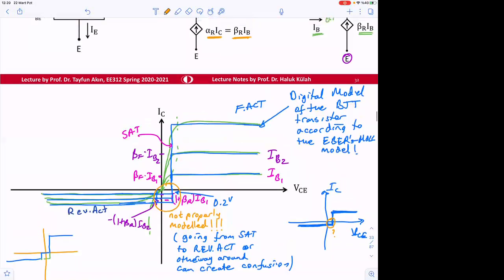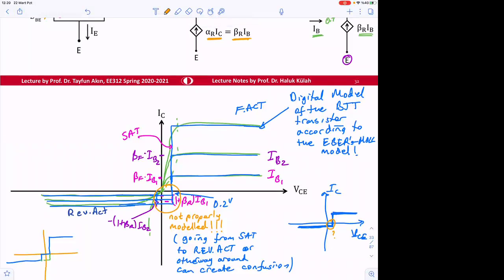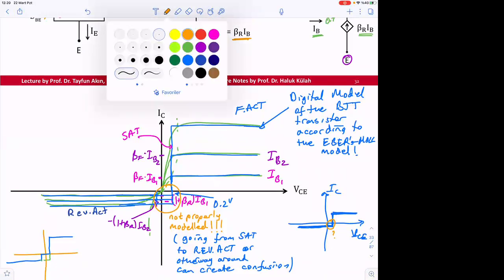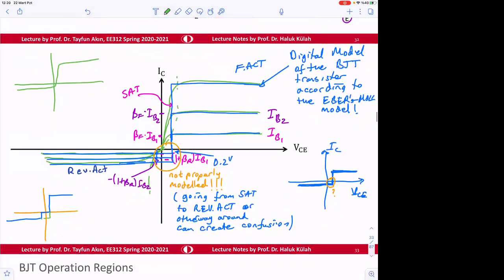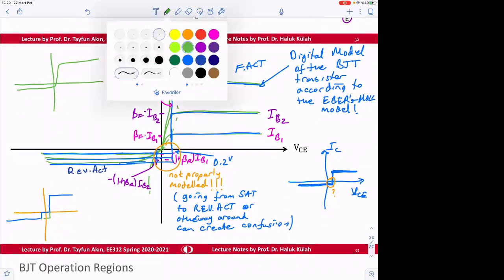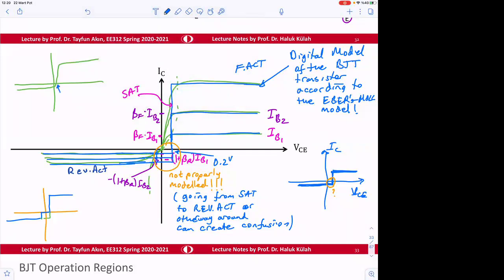Okay. So if we look at the real case for the transistor, in fact, the real case is like this. This is the real transistor operation. I mean, this is going to be coming like this, and then here, and then this is how it goes. And this voltage here, normally this voltage is about 50 millivolts, the cross section.